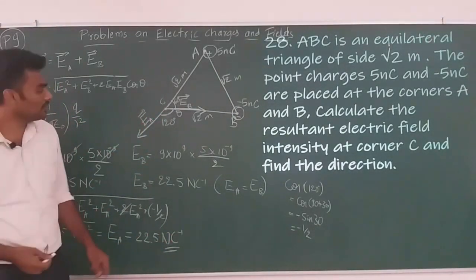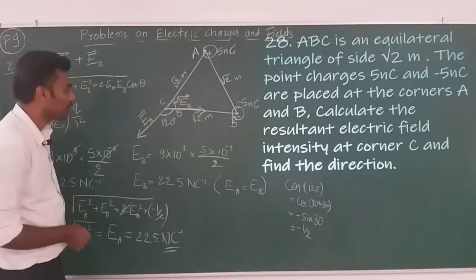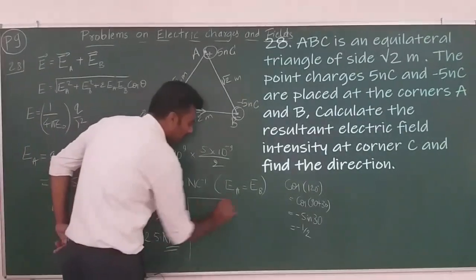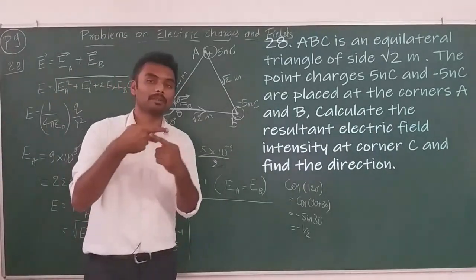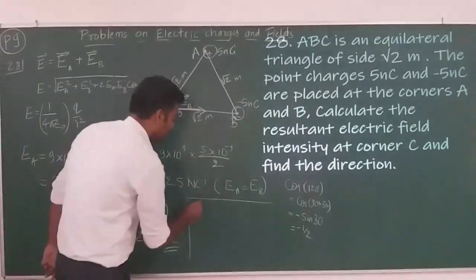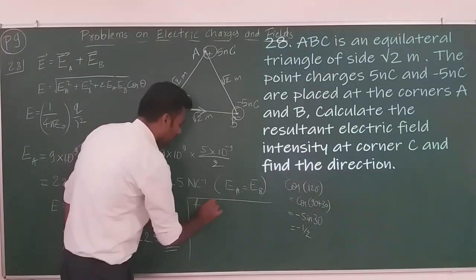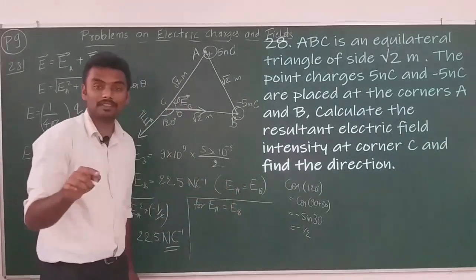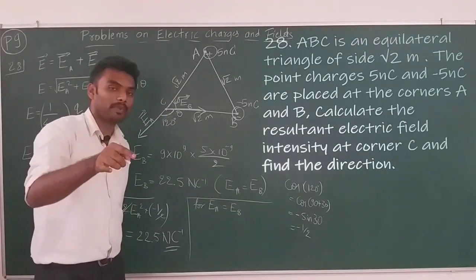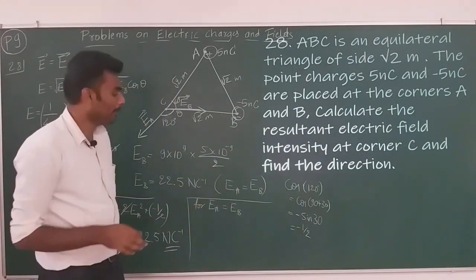Now, what is the direction of electric field at this point? See, when it comes to the direction, whenever you have two equal vectors acting at a point, EA is equal to EB, equal means I am considering only the magnitude part.